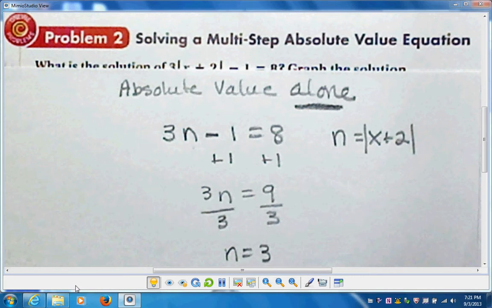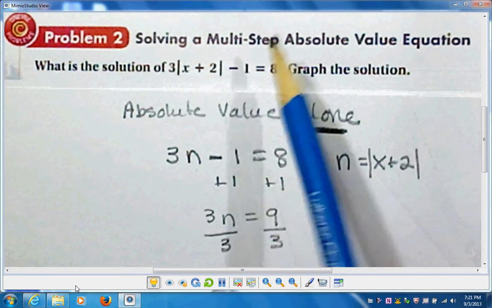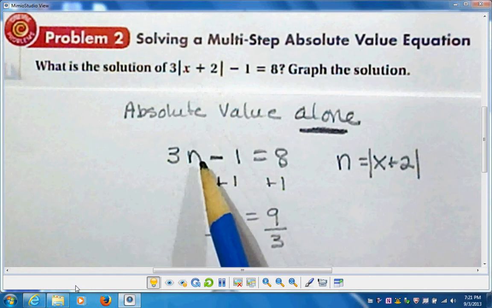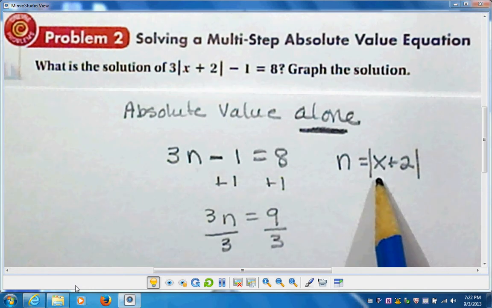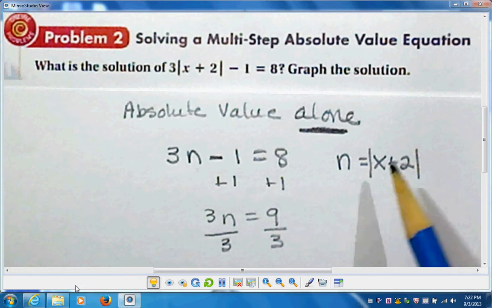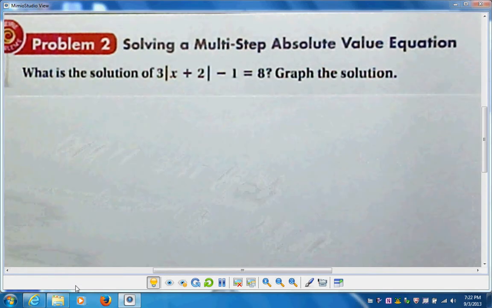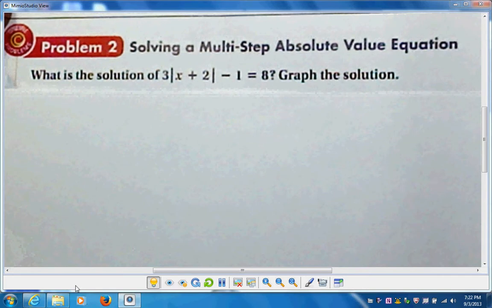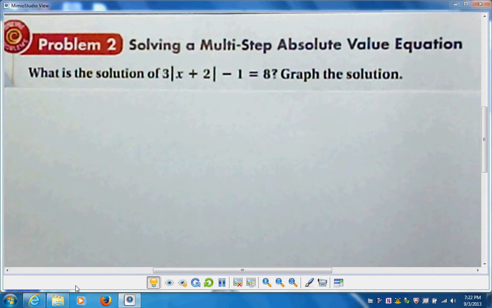But we're going to do the same sort of thing here, except instead of having n, it's going to be the absolute value of x plus 2. Let's see what I'm talking about. Maybe this will make a little bit more sense once I do it. So remember, our goal is initially to get the absolute value alone. Okay?